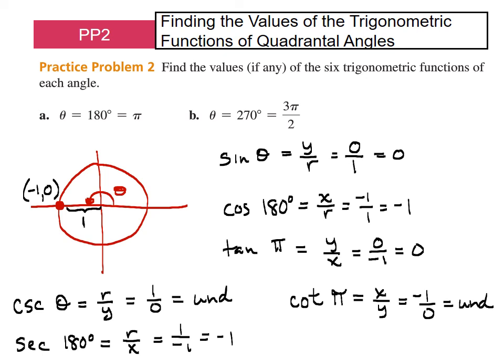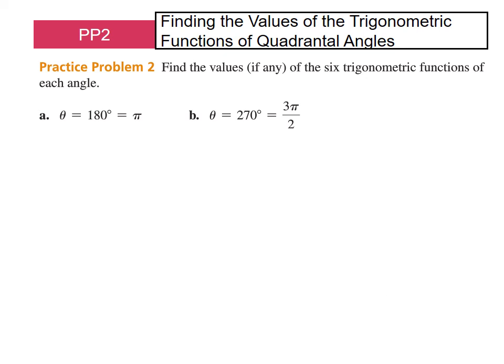But all the rest of them, especially when the denominator is a coordinate, are not safe. So tangent could be undefined sometimes. Cosecant, secant, and cotangent could all be undefined at certain times. Okay, that was A.